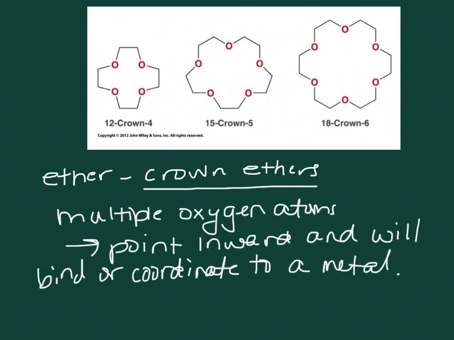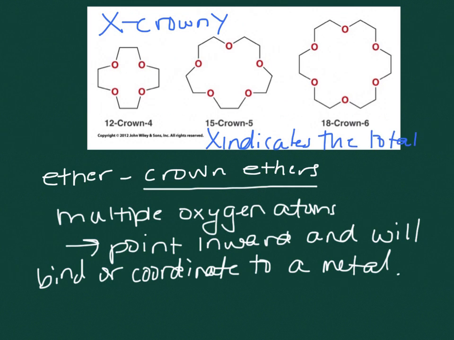In naming a crown ether, Peterson used a formula: X crown Y. The idea is that X indicates the total number of atoms in the ring, and Y equals the number of oxygens.